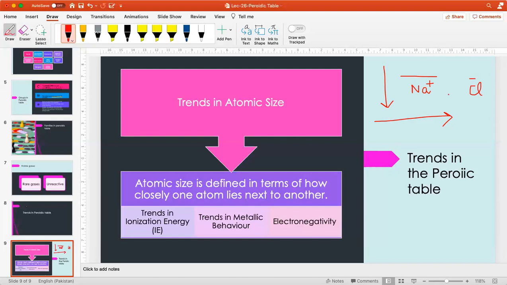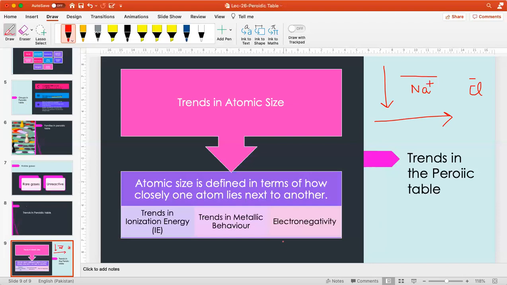Non-metals are in the upper right quarter of the periodic table and tend to gain electrons from metals. They gain the electrons which are lost by these metals. So metallic behavior decreases from left to right and increases from top to bottom.